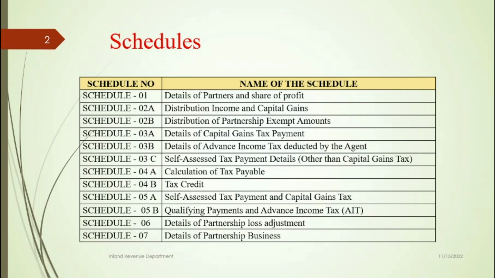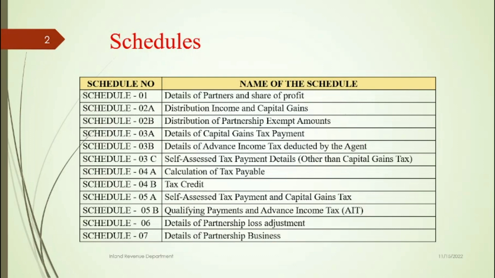Schedule 4A for calculation of tax payable. Schedule 4B for tax credits. Schedule 5A for self-assessed tax payment and capital gains tax. Schedule 5B for qualifying payments and advance income tax, AIT. And Schedule 6 for details of partnership loss adjustments, and Schedule 7 is for details of partnership business.